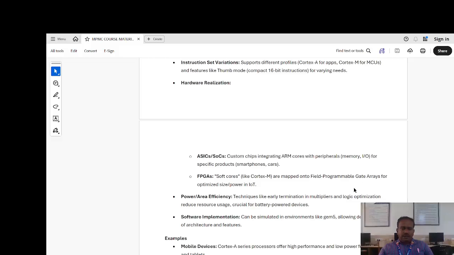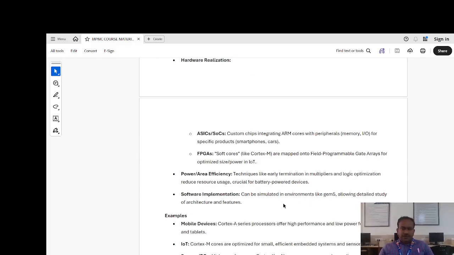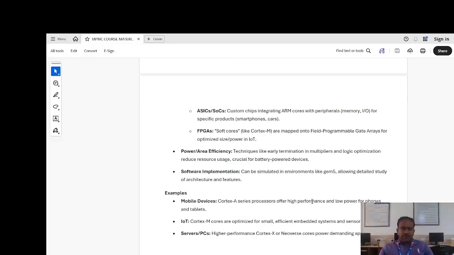Then power and area efficiency, using techniques like early termination in multipliers and logic optimization. It reduces resource usage, crucial for battery powered devices. Then software implementation: it can run in a simulated environment like gem5, allowing detailed study of the architecture and features.